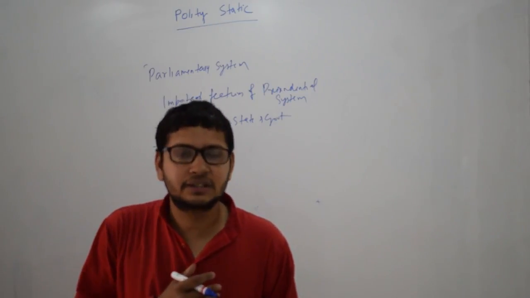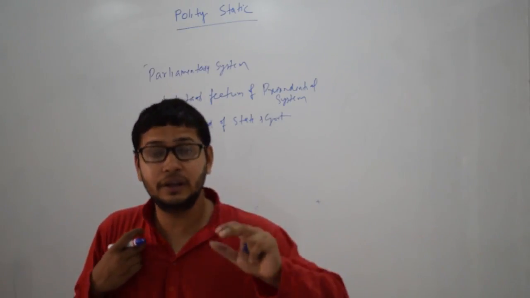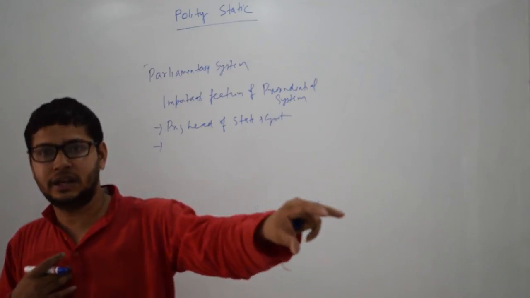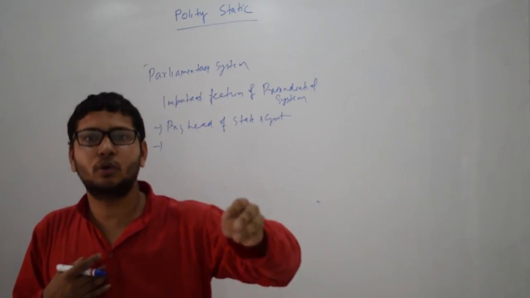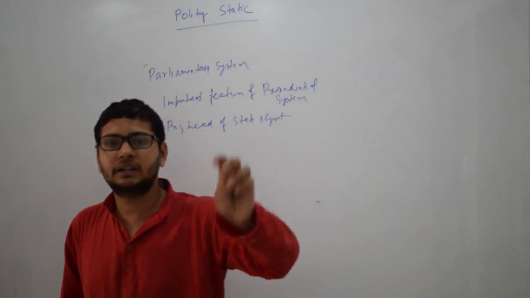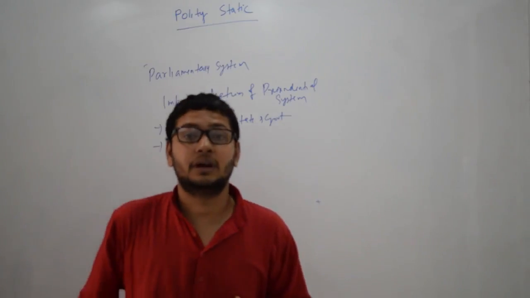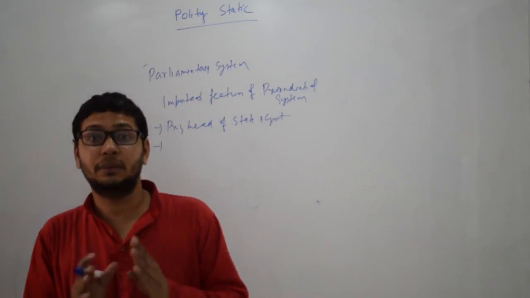But in the parliamentary system, the minister has to be part of the legislature. There could be, yes, for 6 months you can stay, but after taking the oath, within 6 months you have to become a member of either the upper house or the lower house, right? So this is an important difference between the presidential and parliamentary systems.